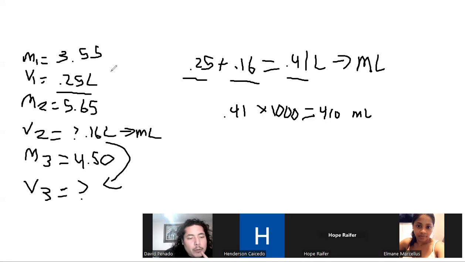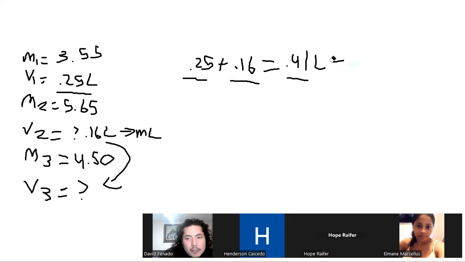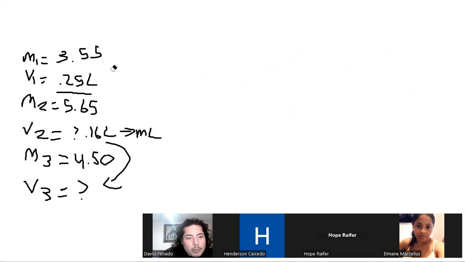When we did the dilution, the M1V1 equals M2V2. I just erased it. Remember, you multiplied the 3.55 by 0.25 and got 0.8875. We got that on this side.